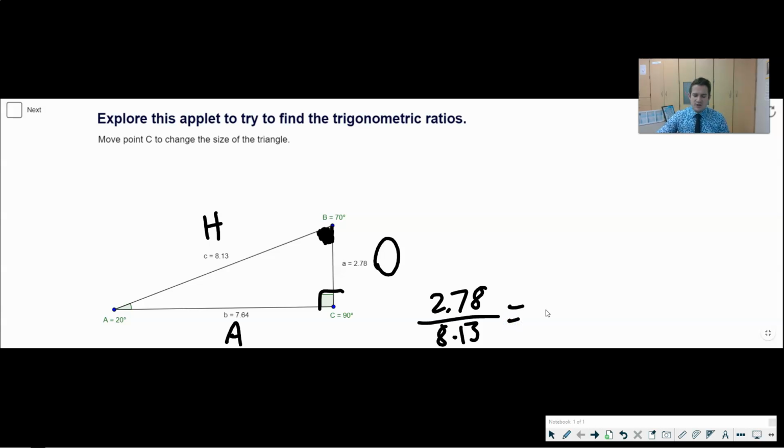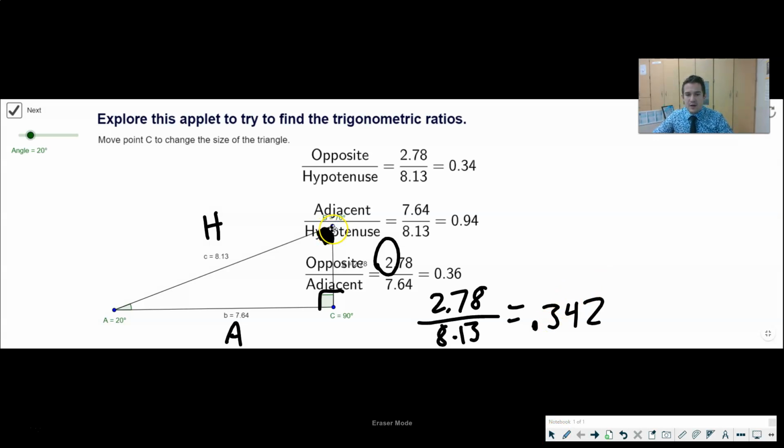Take a second, do that in your calculator. Tell me what you get. 2.78 divided by 8.13 gave me 0.342. When I divided the opposite and the hypotenuse sides, I got 0.342. Okay? So, let me pull this up real quick.